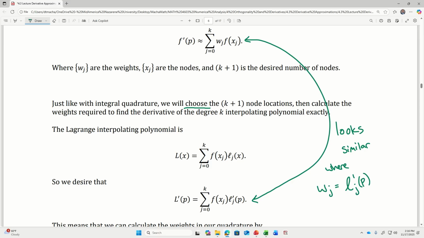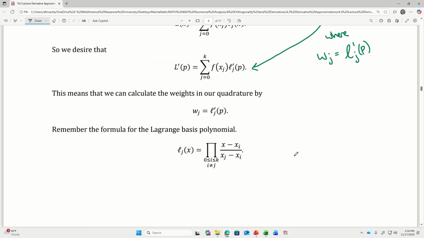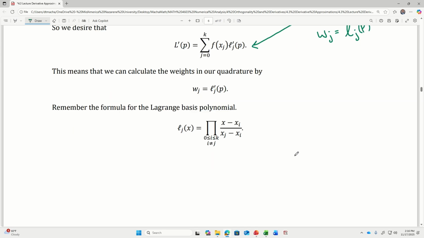So that's exactly how we're going to calculate those weights. So remember, this is what the Lagrange basis polynomial looks like.